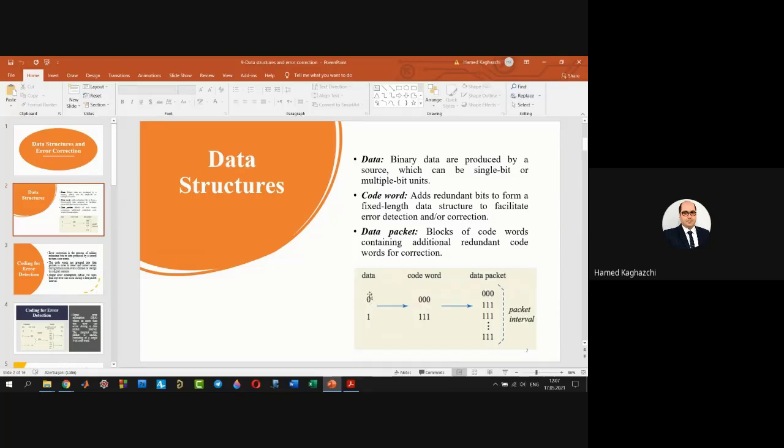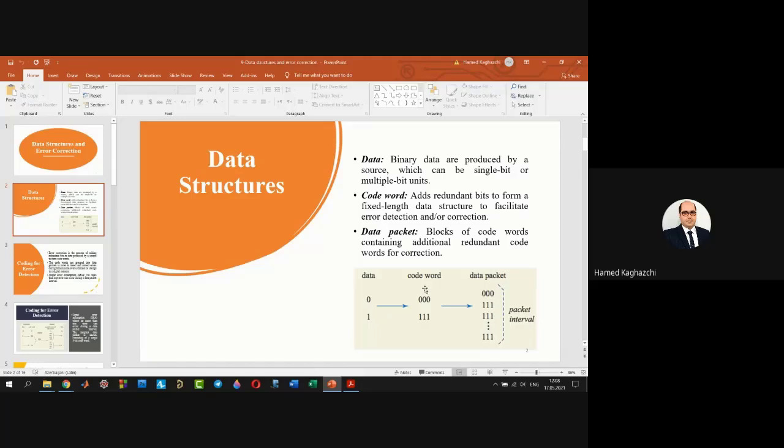For example, if my source produces 0, the code word of this 0 is 000 with 2 redundant bits. Actually, the 0 value is represented by 2 redundant bits, and 1 is also represented with 2 redundant bits. The added bit form of data is called a code word.